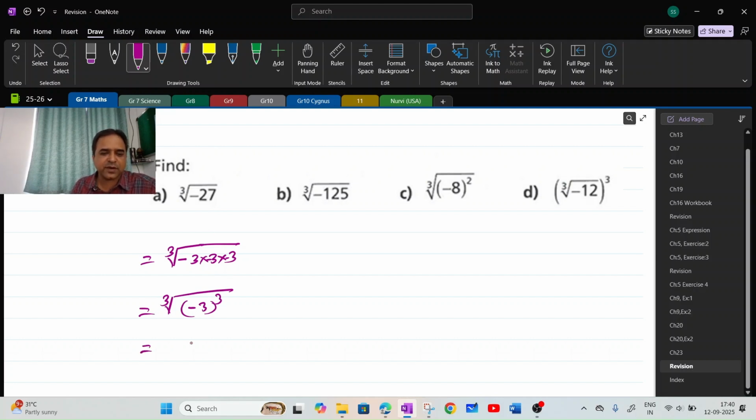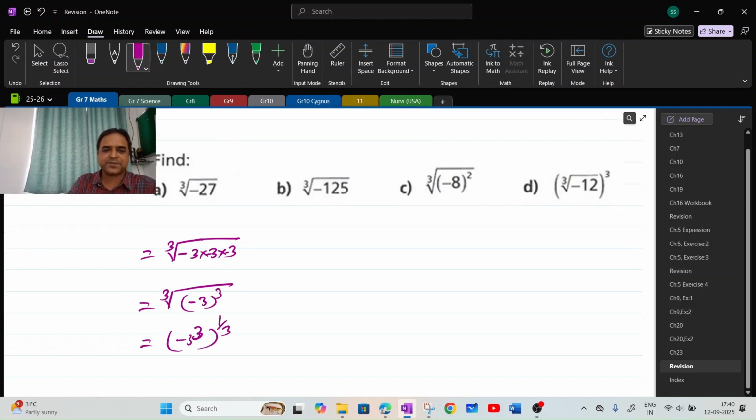So now you see here, this cube and cube root will cancel each other. Why so? Because just now we saw minus 3 to the power 3, and this whole power is cube root, so it is going to be 1 upon 3.